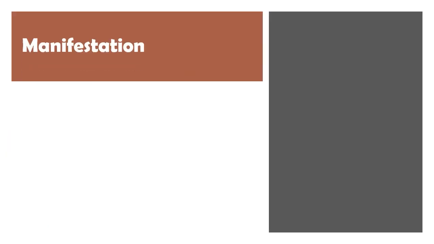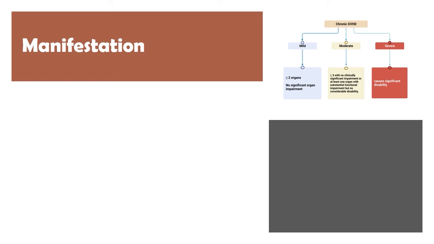Now let's talk about the manifestation of chronic graft versus host disease. Depending on the number of affected organs and severity of the involvement in that organ, chronic graft versus host disease is further subclassified into mild, moderate, and severe. In the mild form, 2 or fewer organs are involved and no clinically significant organ impairment exists.